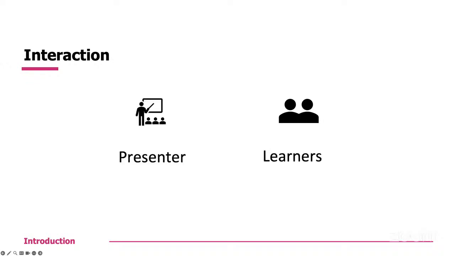So when we're talking about interaction, I'm talking about interaction between the presenter and the learners, and also between the learners themselves. It's really important to have interaction. It's motivating for the learners to have agency.